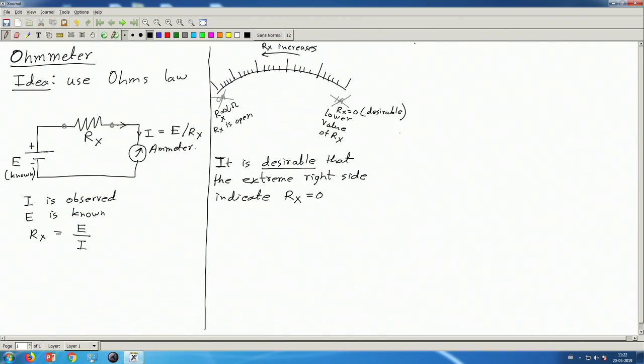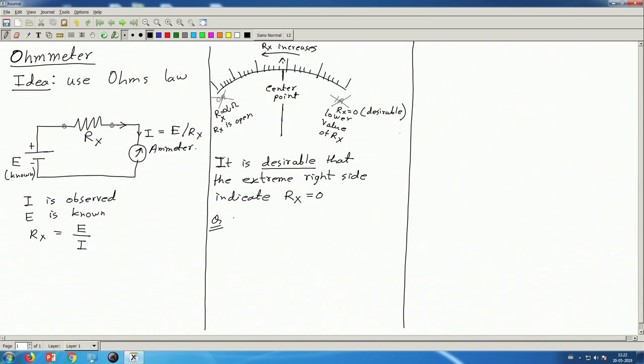Now next thing, next question is, consider the center point. Say this is the center point on the scale. So what will be the value of Rx for which the pointer will be here at the center?